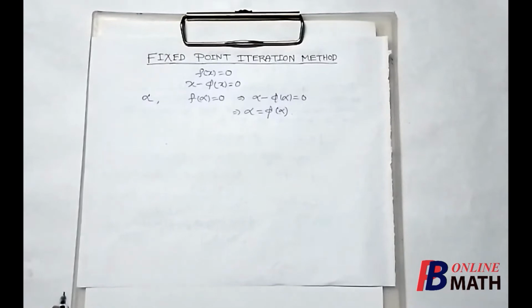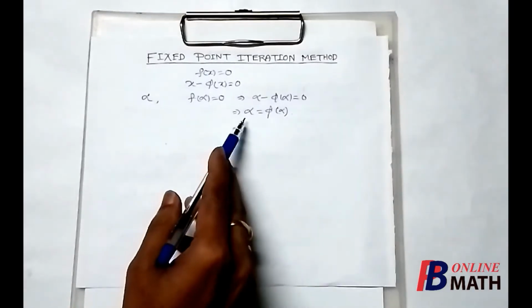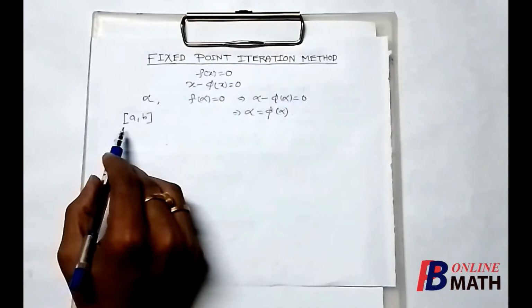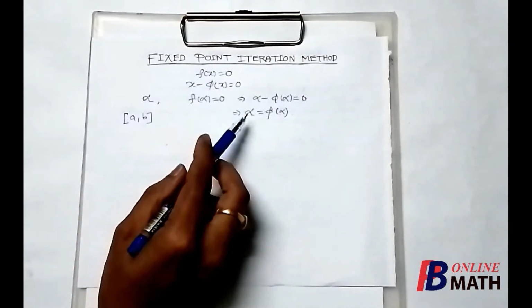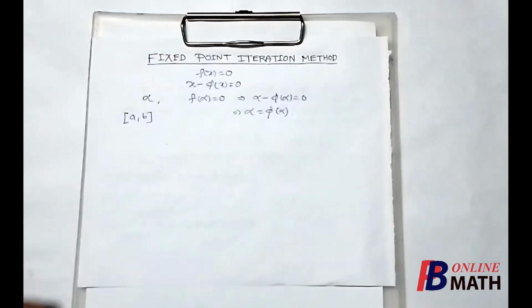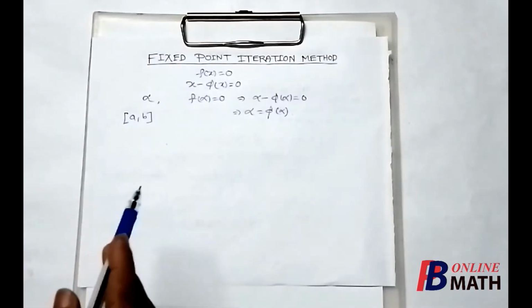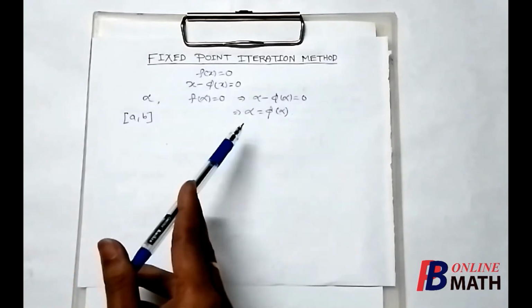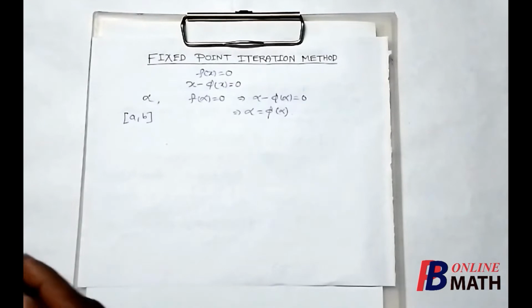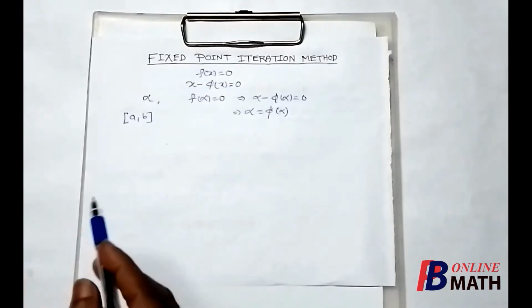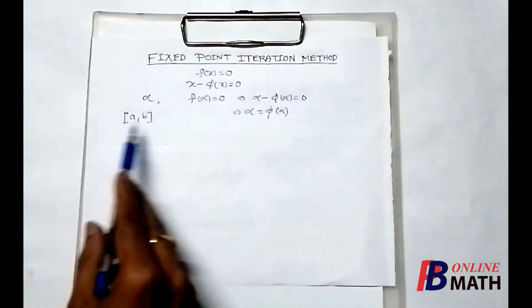Now in this method we first select some appropriate closed interval around the root alpha. Suppose this is the closed interval a to b where the exact root alpha lies. Our target is to find successive approximations of the exact root alpha starting from an initial approximation, and the initial approximation can be assumed to be any point between a and b.